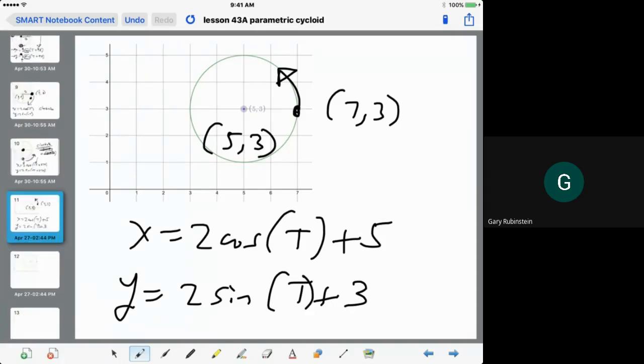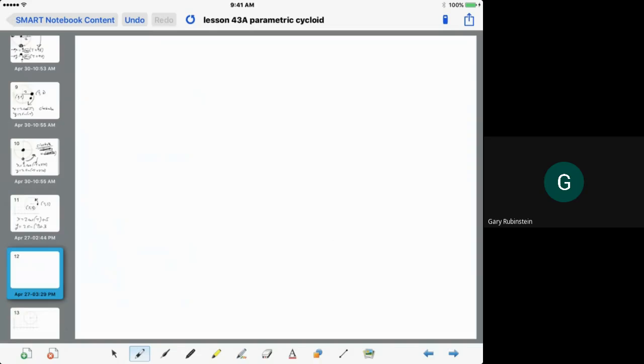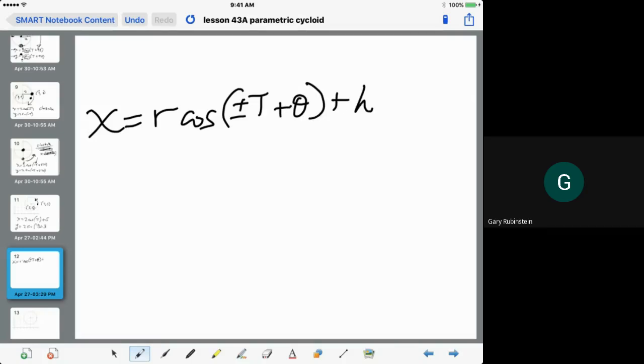I can summarize this by saying x is equal to r cosine, I'm going to write plus or minus t, depends on what the situation is, plus, I'll just say theta, plus h, where h is the x-coordinate of the center.